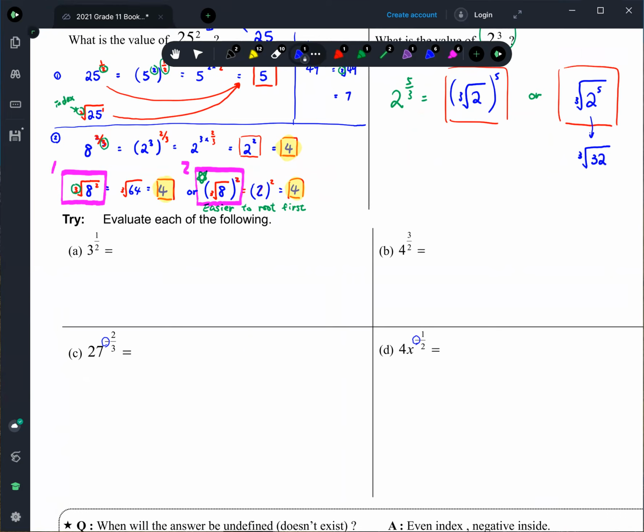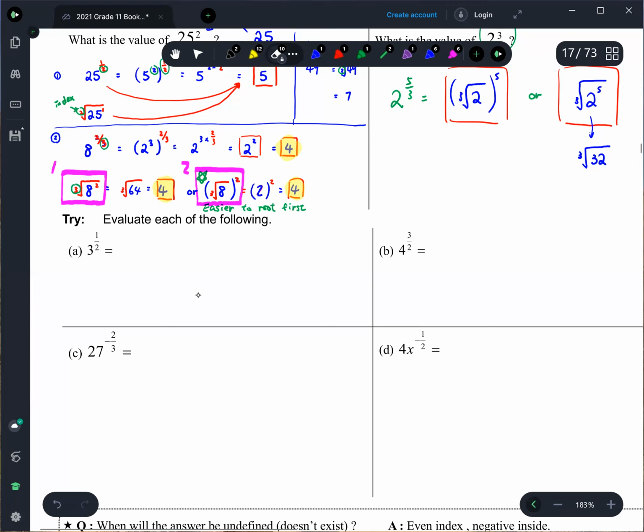Just go as far as you can and then try to reach an answer. Now we'll go over that to show you how far we want you to go, when to stop as your answer. So just give it a try. Don't worry about right or wrong. Just go as far as you can. When you finish all the A, B, C, D, you can raise your hand.